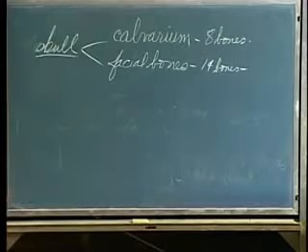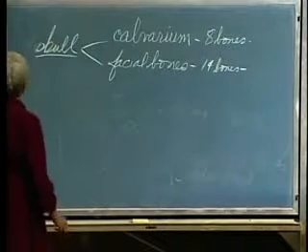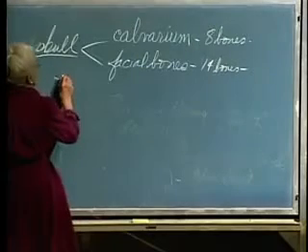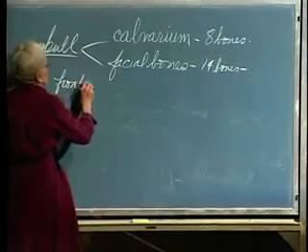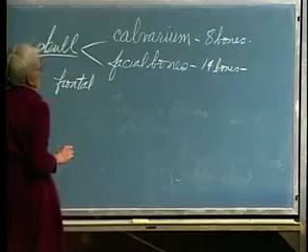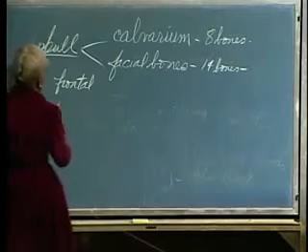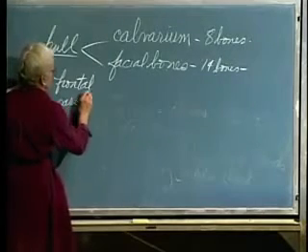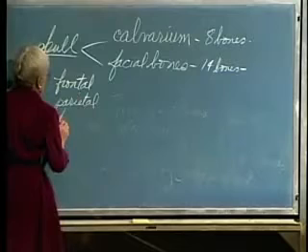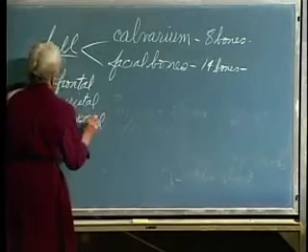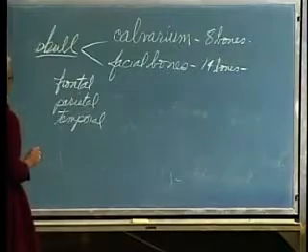So let's begin with the calvarium and start with the frontal. Maybe it's easier to name them and then describe each one of them. We have the frontal, the parietal, the temporal, what's the next one?